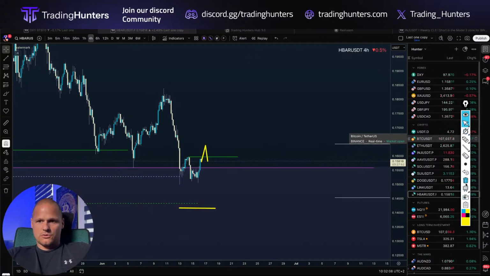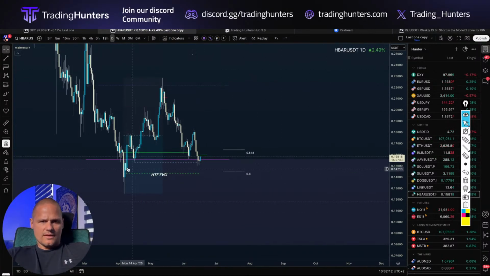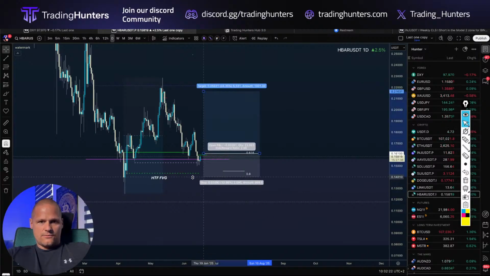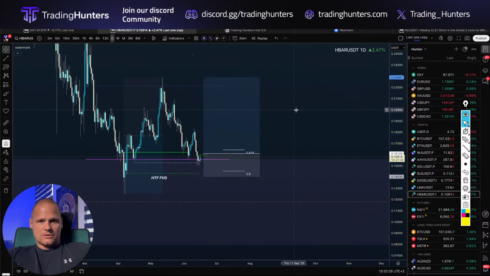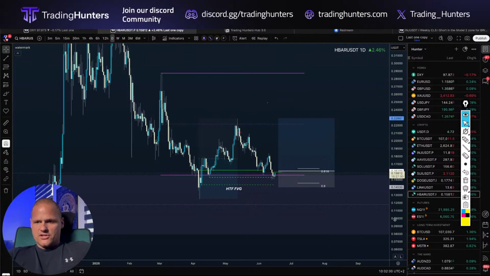Let me show you on the daily. This order block has a midpoint in here. So I'm not going to put a stop loss exactly at the lows, but just in here. Forming a trade like this could be a nice setup. So that's pretty much all I have right now.